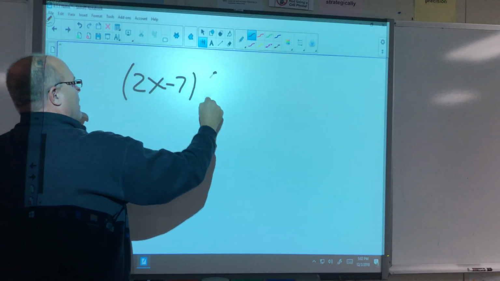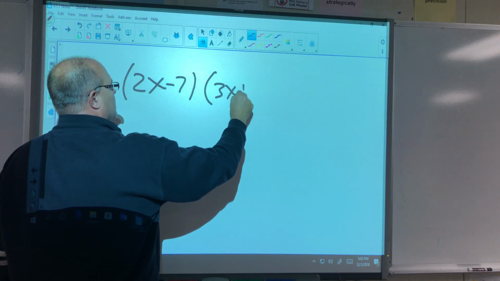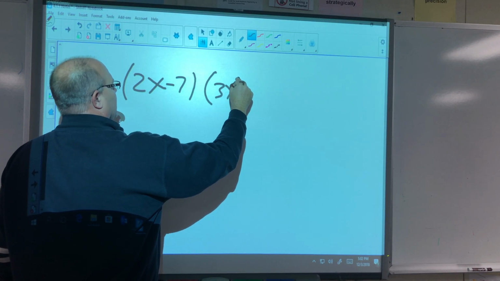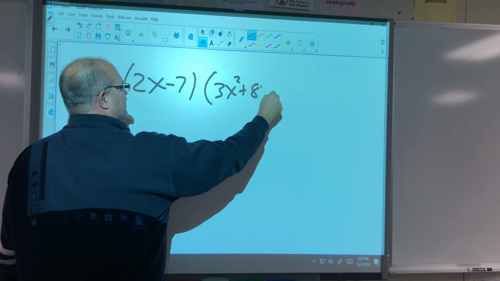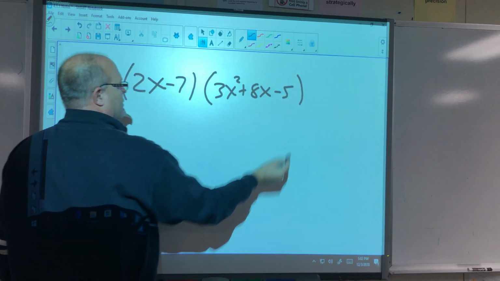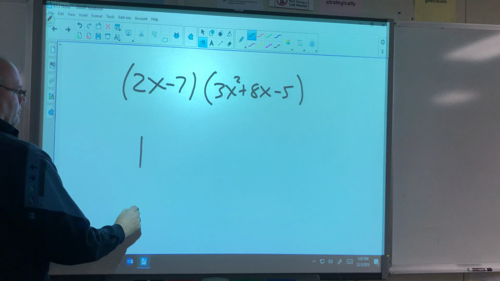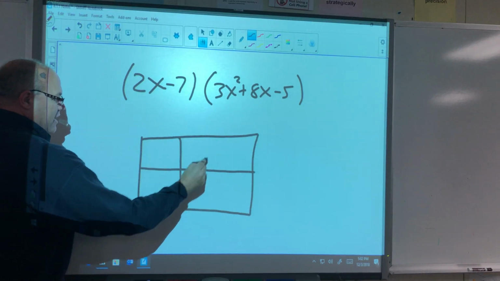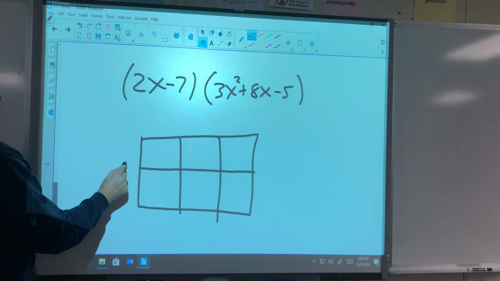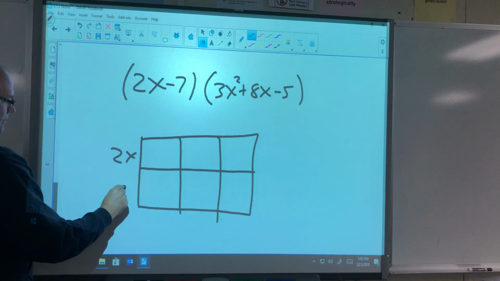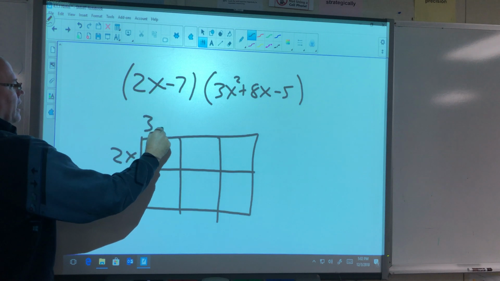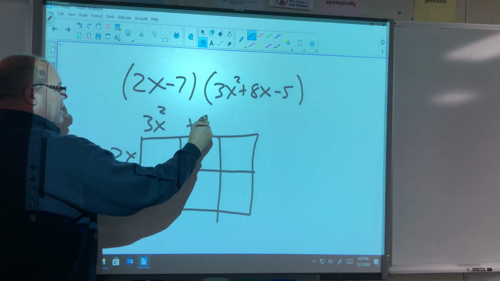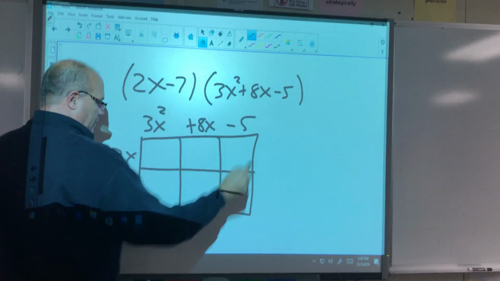We're going to multiply that by 3x squared plus 8x minus 5. All right, let's do a generic rectangle. This time, I'm going to set it up as a 2 by 3. So 2x minus 7 and 3x squared plus 8x minus 5.